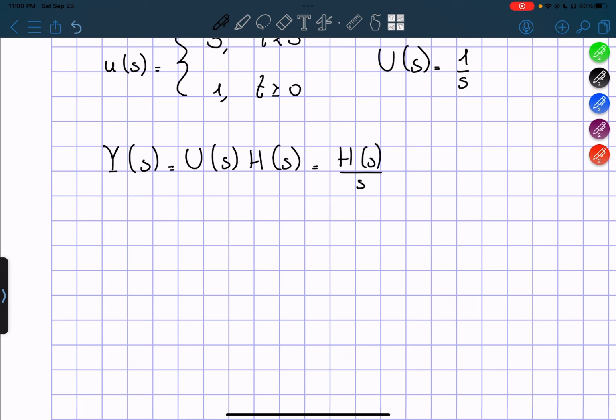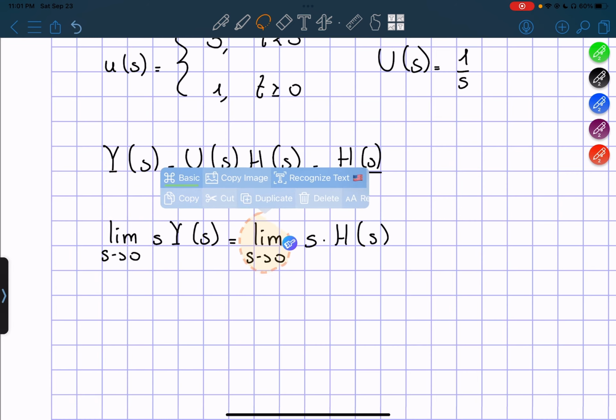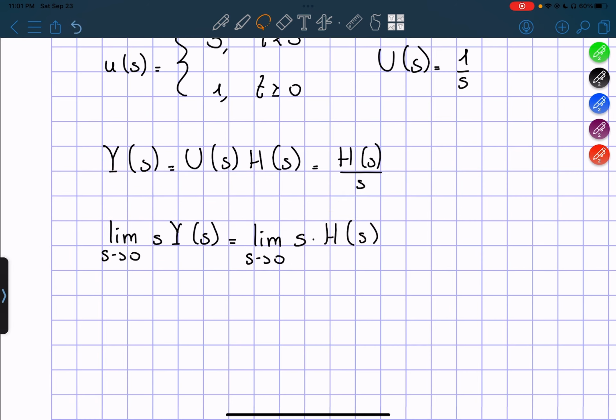So that means that when we use our limit as s approaches 0, we use our theorem, we do s times capital Y of s, then we're going to have s times H of s, of course as s approaches 0. Actually, no, let's leave it as s for now, and let's keep our limit. I think it's a little clearer. All divided by s.